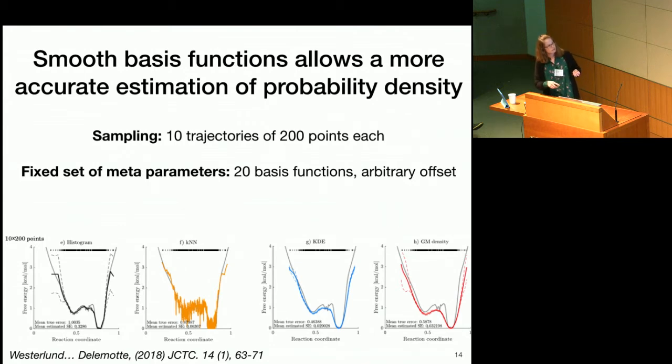I think it's difficult to see, but here we're listing the mean true error and the estimated standard error. These two estimators that are based on Gaussian functions perform better to estimate the true free energy than the histogram and the KNN. Histogramming performs particularly badly in the areas where you have few points, because it's a high free energy region, and the standard error shown with the dashed lines is huge in those regions.